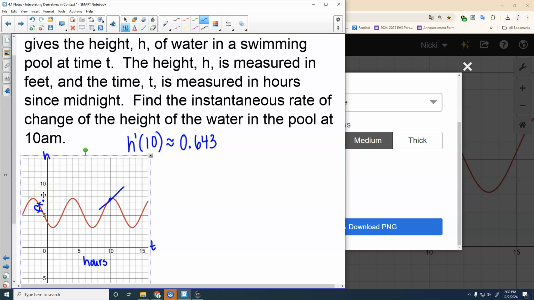Okay? So whenever we're talking about this, we first need to tell the time that it's happening. So at 10 hours, what is happening here? We're going to be talking about the height of the water because that's our equation, right?